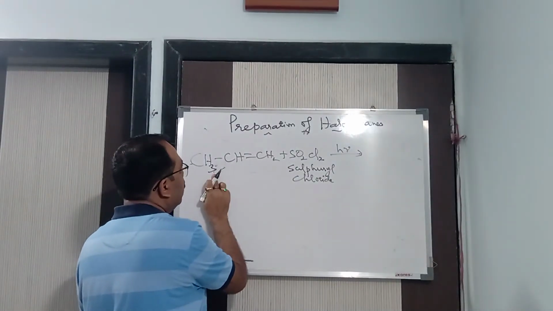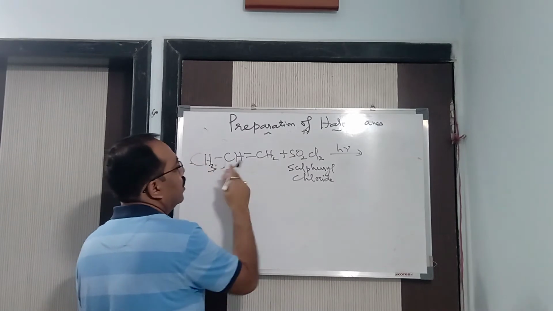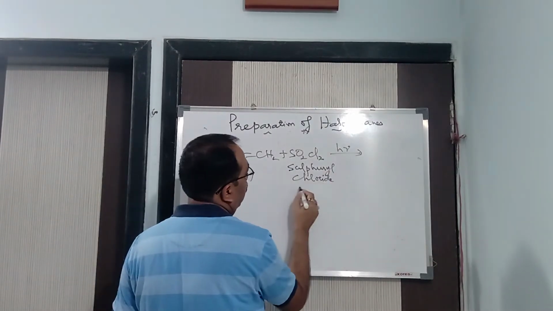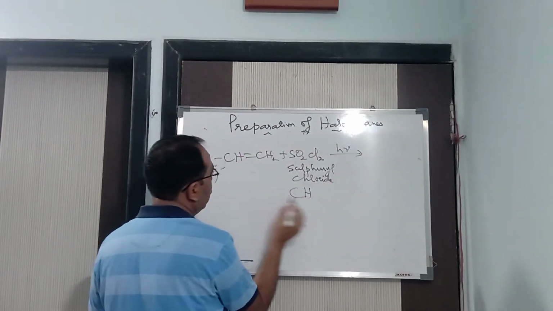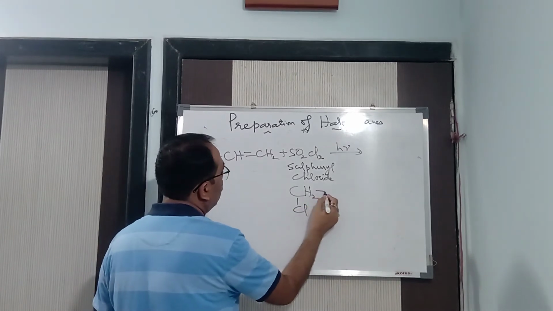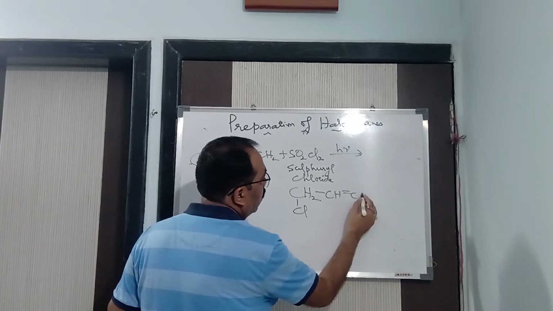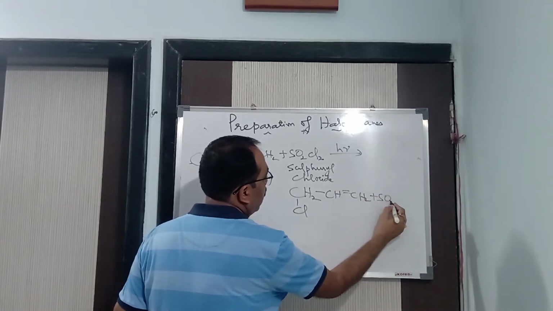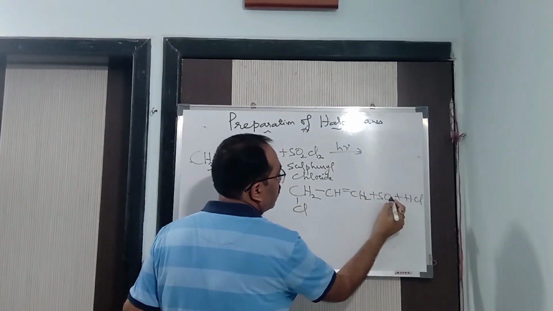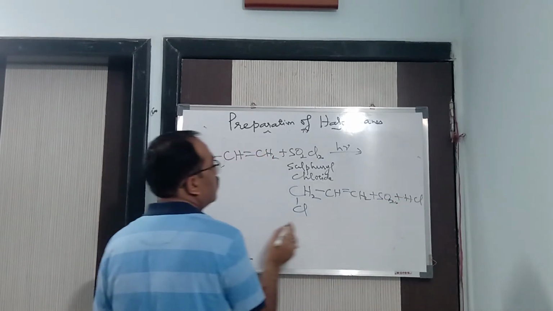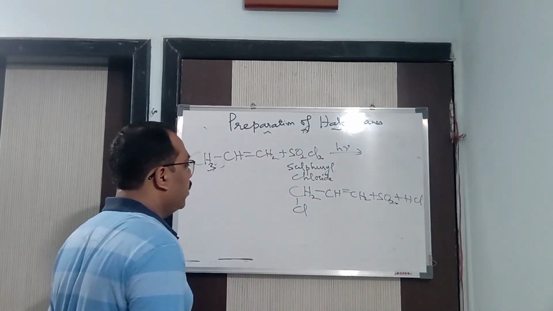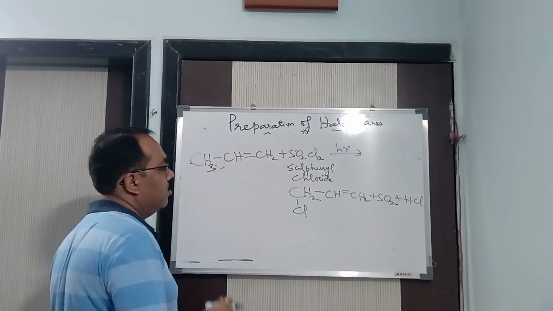So here what is going to happen? The same thing: allylic carbon, from there hydrogen is removed, giving CH2Cl-CH=CH2 plus SO2 plus HCl. So if you are using sulfuryl chloride, you will be getting this particular product.